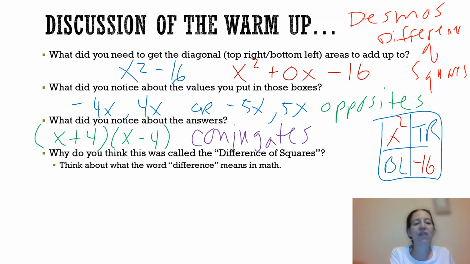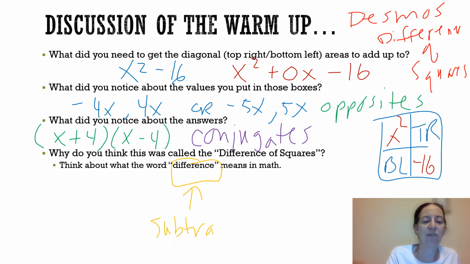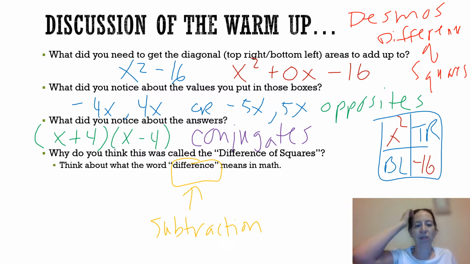The last question there is, why do you think this was called the difference of squares? The hint is, think about what the word difference means in math. When we talk about difference, we are talking about subtraction. I'll usually use the illustration: if we wanted to know the difference between my age and your age, what operation would we do?